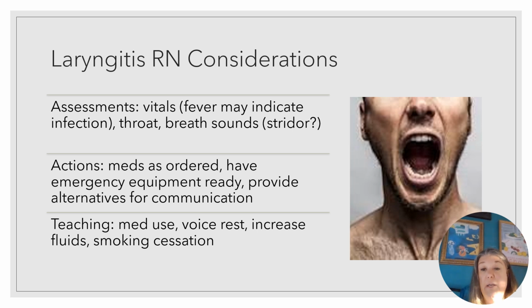So if we are talking about laryngitis related to extubation of an ET tube, then we are really going to want to pay attention to breath sounds like stridor that indicate that inflammation may be closing down that airway. Because then we worry about losing our airway. All right, so that is laryngitis secondary to the extubation of an ET tube.